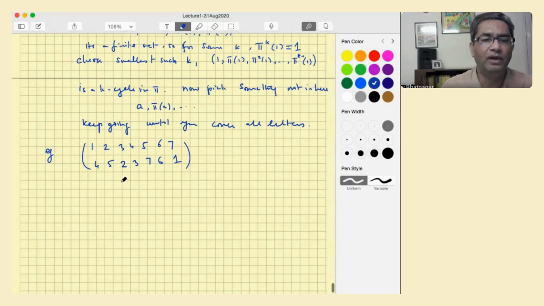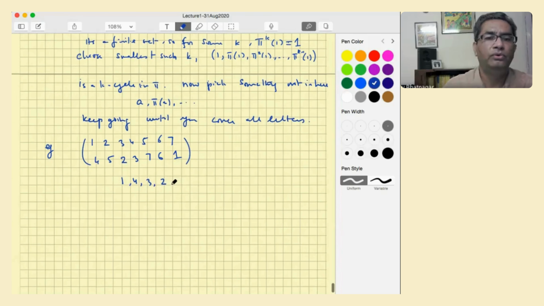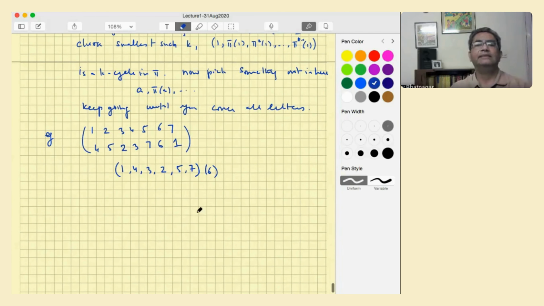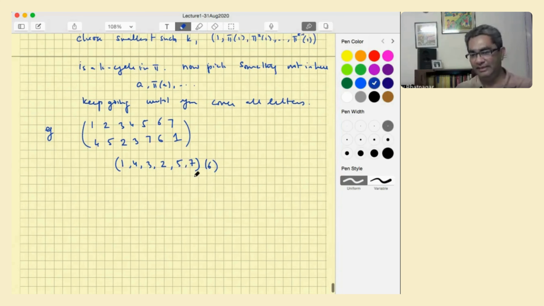So start with 1, 1 goes to 4, 4 goes to 3, 3 goes to 2, 2 goes to 5, 5 goes to 7. Well, this is a really trivial example, but this is it. So you start with 1 and you get a cycle, and all these conditions will be met, that it is a disjoint cycle and so on.